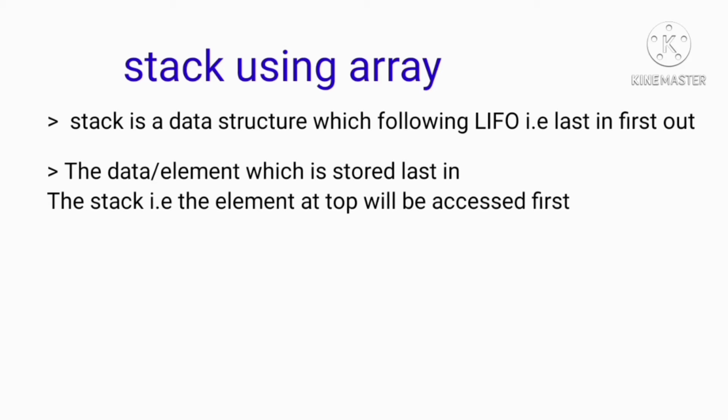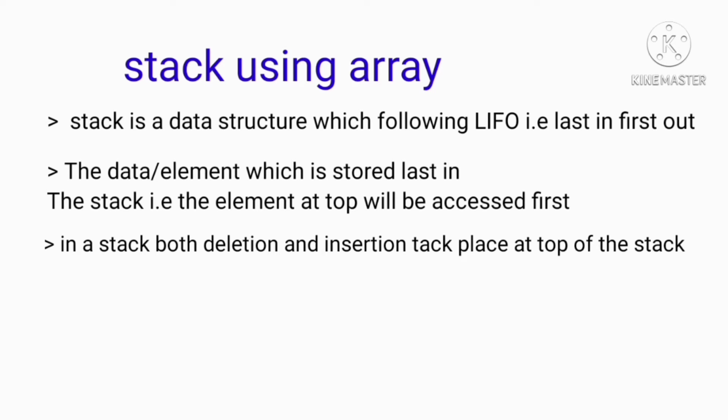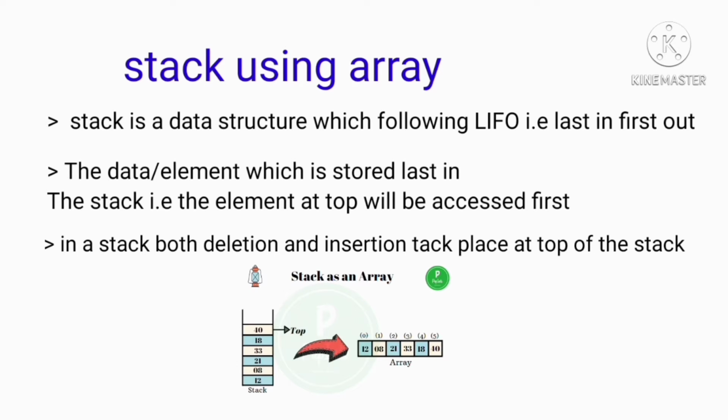Next, in a stack, both deletion and insertion take place at the top of the stack. Let us show you one example: stack using array. See guys, here we have a stack and an array. Array is known as a collection of elements or data, anything. Commonly we use an array starting from the 0th index.